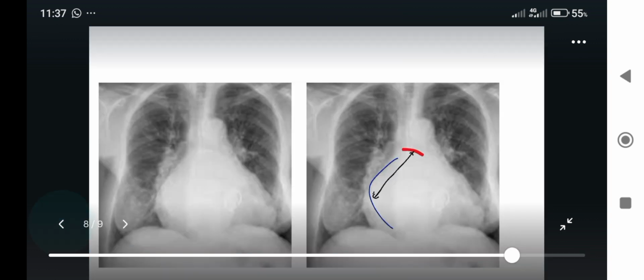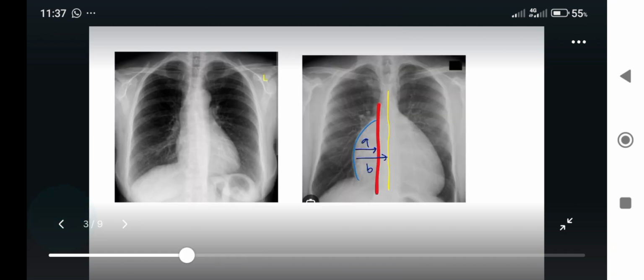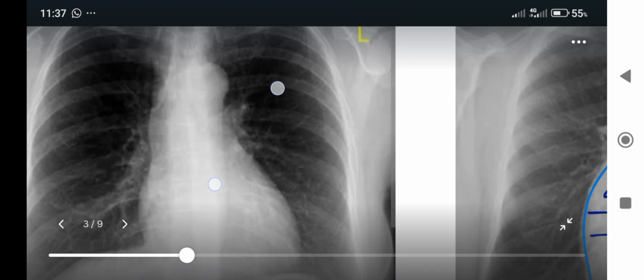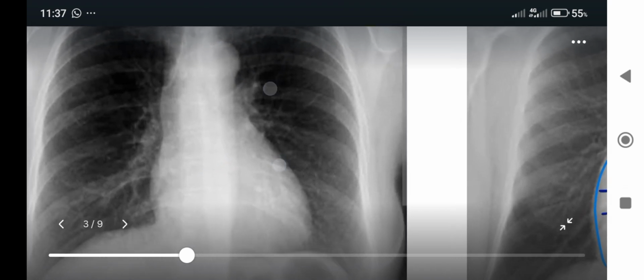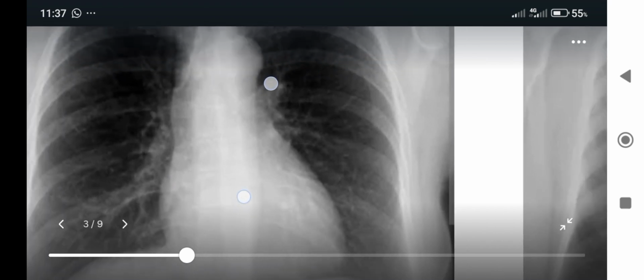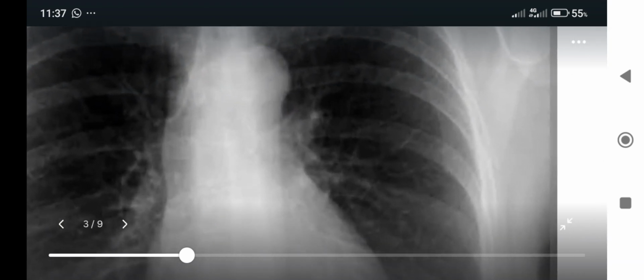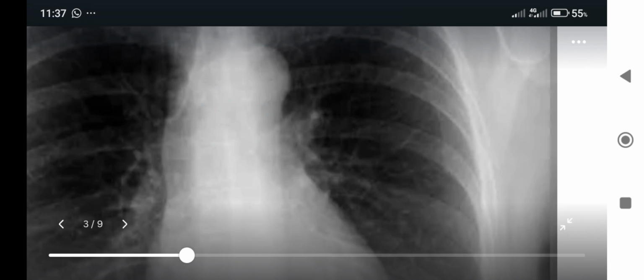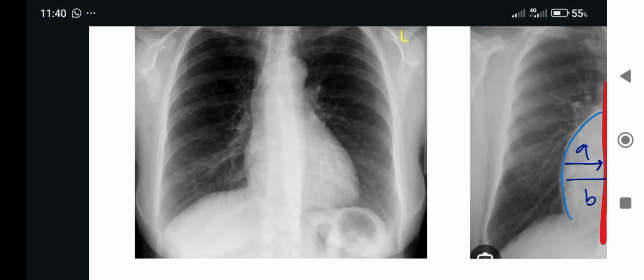Then before I close this lecture, I want to quickly show you the normal X-ray again. I want to point out some stuff to you. Now you see the carina angle here. You see how it is compared to the one I just showed you. Then I want to let you know of this for beginners.